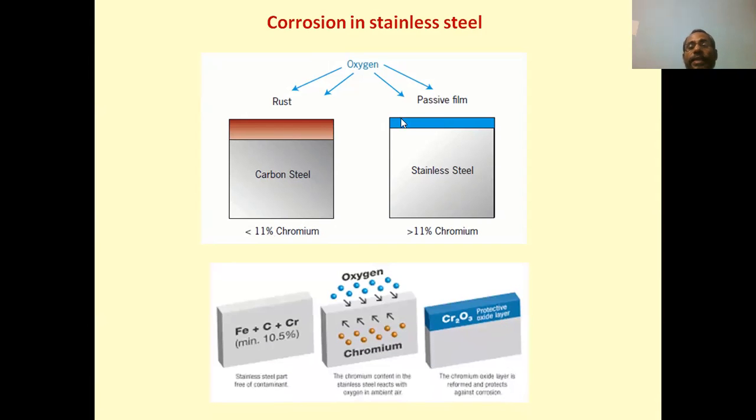Here, it forms a passive film, which acts as a protective barrier. This is iron, carbon, chromium, nothing but the steel. The chromium present in it reacts with oxygen and forms a protective oxide layer, that is chromium oxide. Here it is formed, right? But even though chromium is there, if it is less than 11%, it is not enough to form a passive layer. That's why rust is formed.